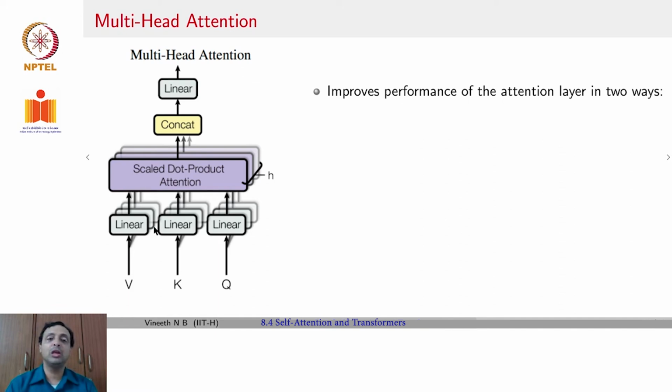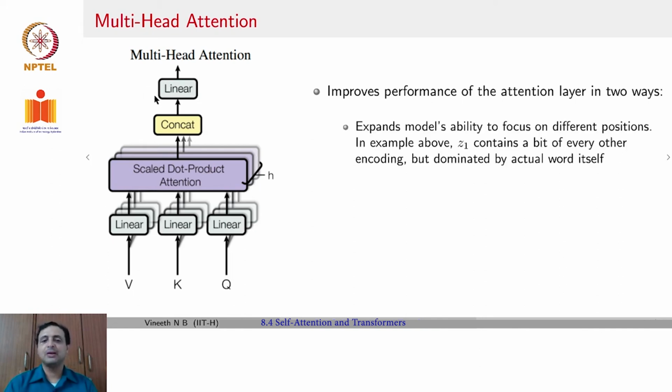Instead of using only one WQ, one WK or one WV, Transformers suggests having multiple such WQs, WKs and WVs. So you would get multiple query vectors, key vectors and value vectors. You would do multiple such self-attention computations, and you finally concatenate them and send them through a linear layer.